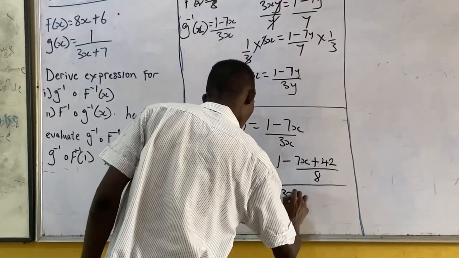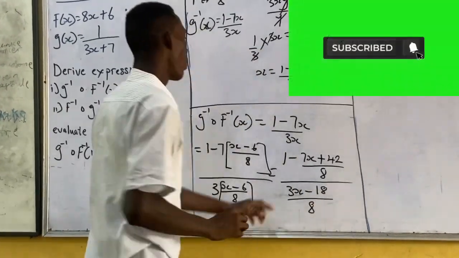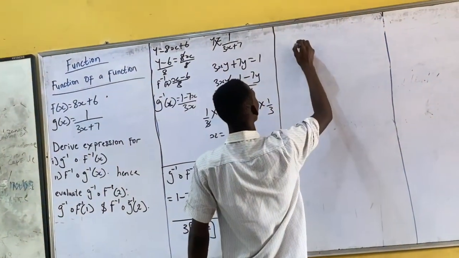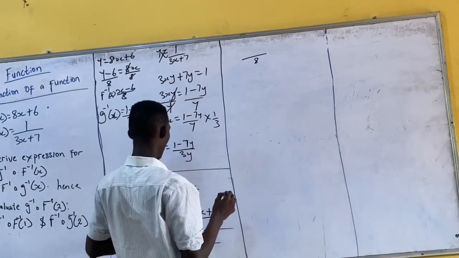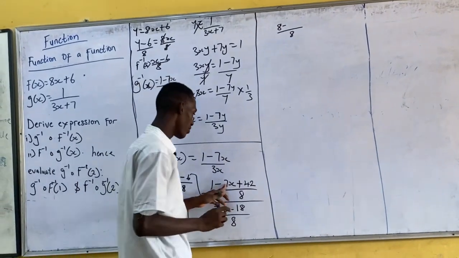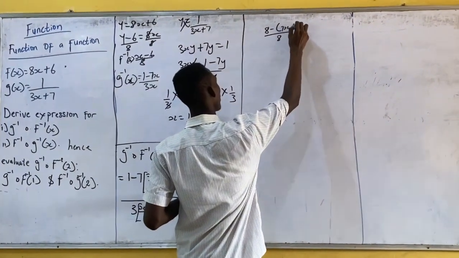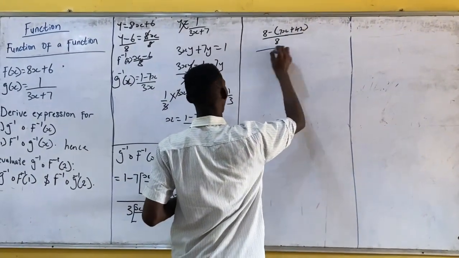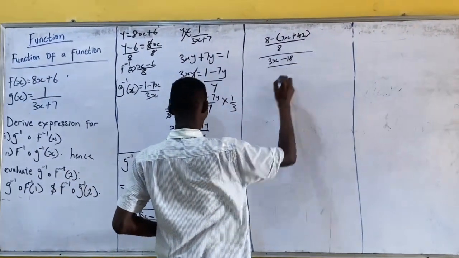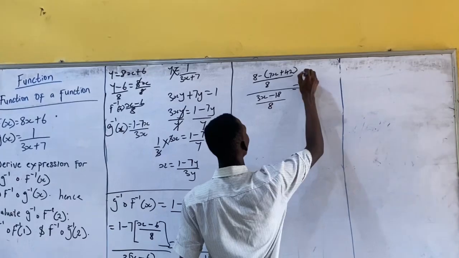over 3x minus 18 over 8. So we find the LCM for this and we balance things up. The LCM of this is 8, right? So we open bracket 8 times 1 is 8 minus, remember this is in brackets, you have to be very careful, 7x plus 42, close bracket, and we also have 3x minus 18 over 8.